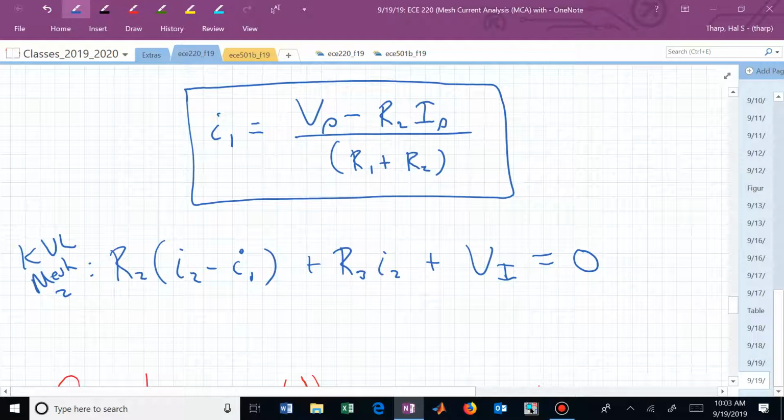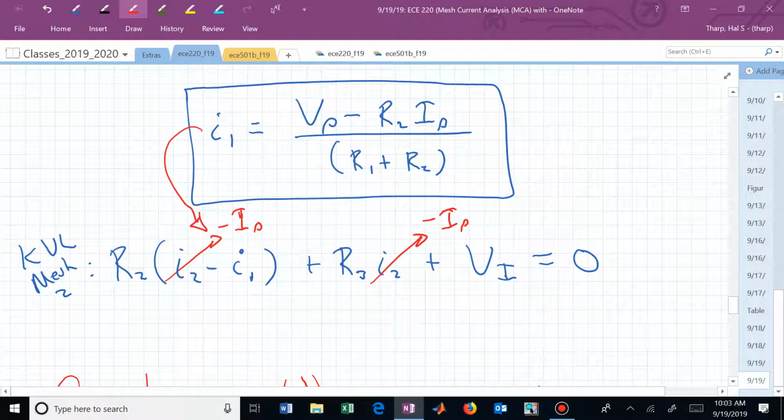But now we could find V sub I if we wanted it. We know that I sub 2 was minus I sub S, and we just found I sub 1 from that previous expression. We could now solve for, if we needed it, V sub I.